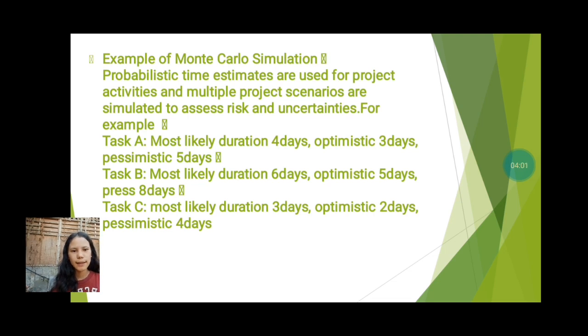And task C most likely duration is 3 days, optimistic 2 days, and pessimistic 4 days. By running simulations with different combinations of time estimates, the project manager can analyze the likelihood of various project outcomes and make informed decisions to manage risk effectively.